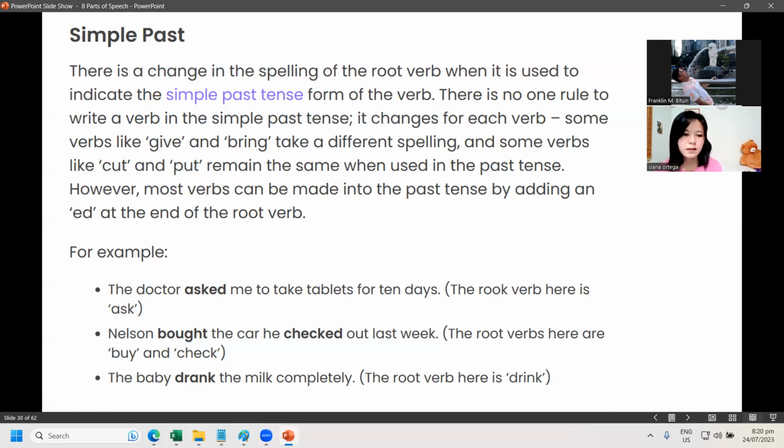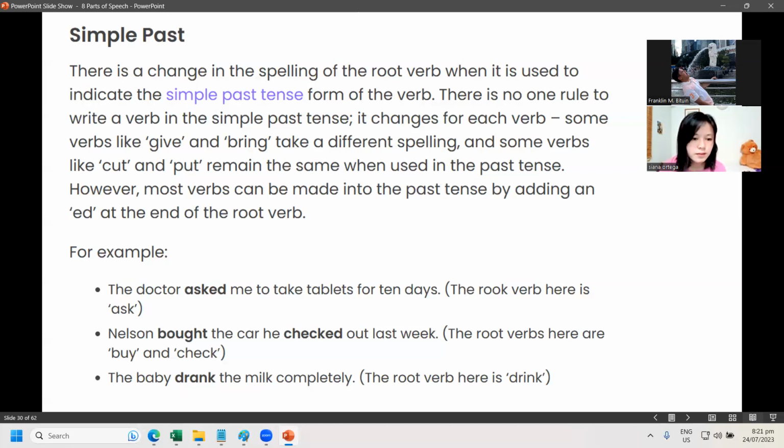Examples? Kindly read examples. The doctor asked me to take the tablets for 10 days. Nelson bought the car he checked out last week. The baby drank the milk completely.